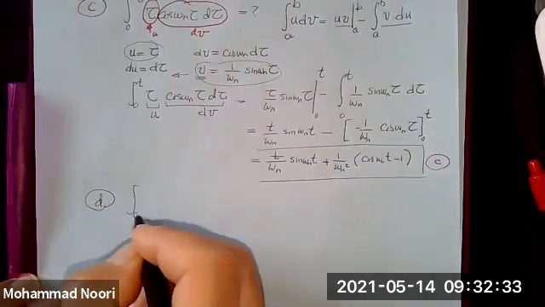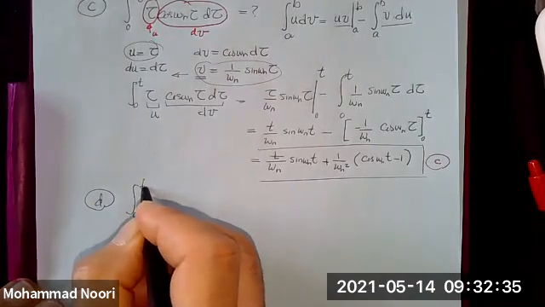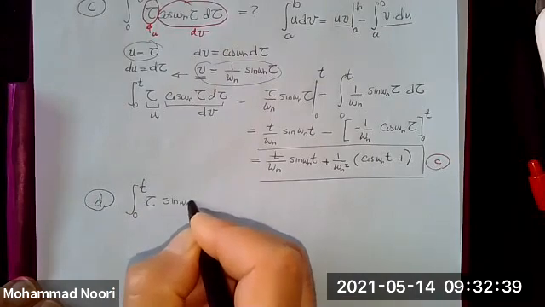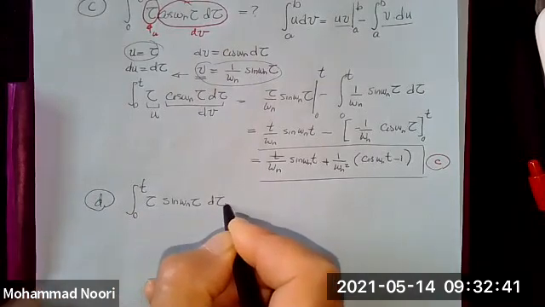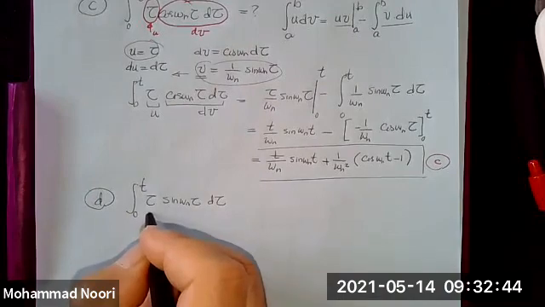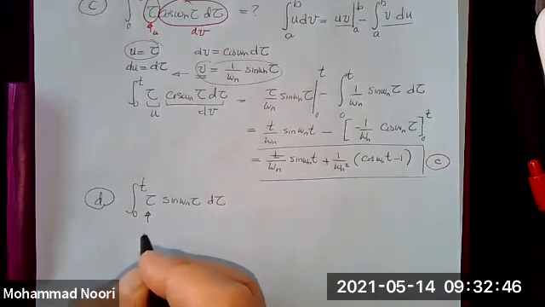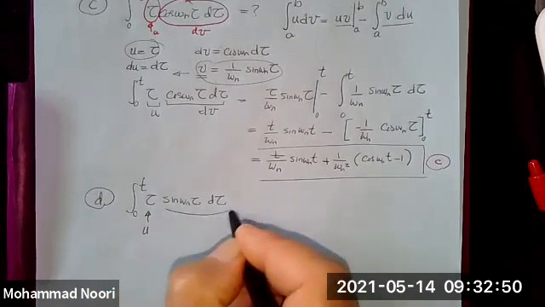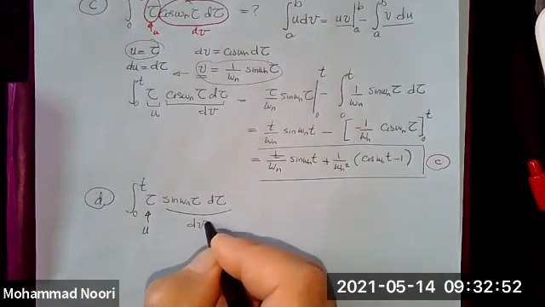D is an integral from 0 to t of tau sine omega n tau d tau. Again, consider this as u, and this as dv.